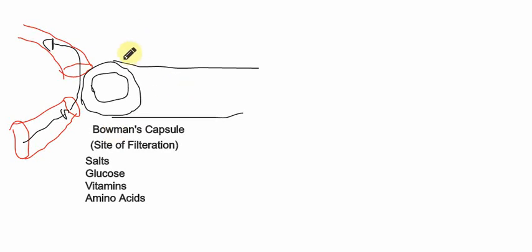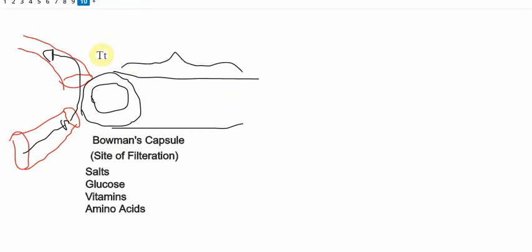Now, we move on to this next piece right here, which is referred to as a proximal convoluted tubule. Now, this is where all the stuff that was filtered in is going to pass through.